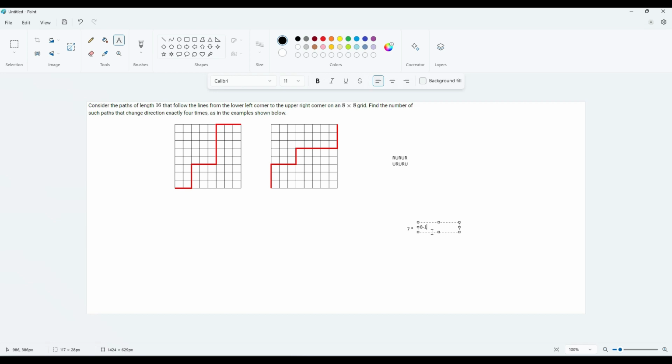So you would have to choose 5 from that. So we can do 8 minus 1, which is equal to 7, then 7 choose 5, which we know is equal to 21.